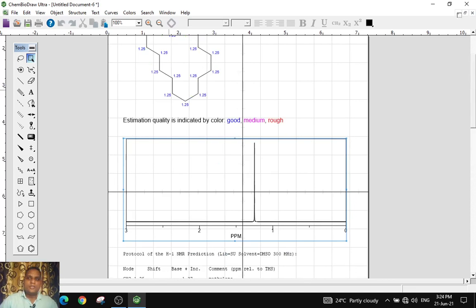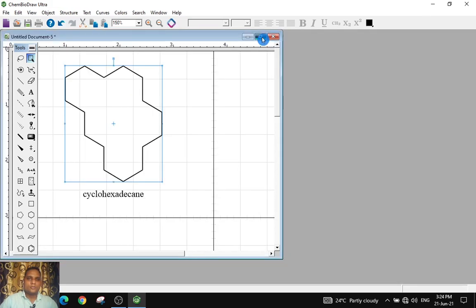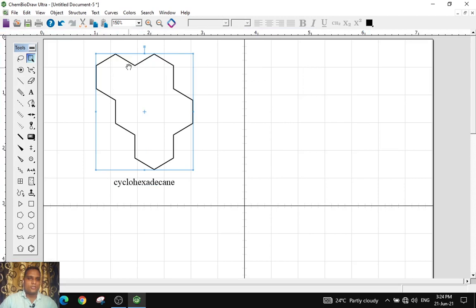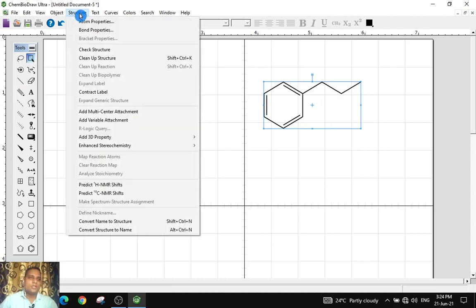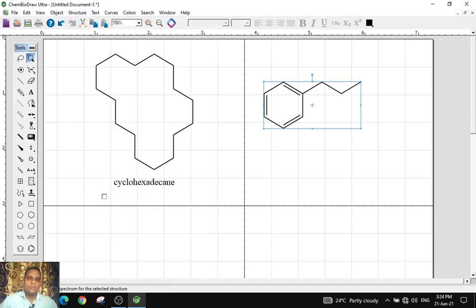Not only this one, if you want to see the C13 NMR for a structure, this was just the proton NMR. In the same way, if you want to see the C13 NMR of something like an aromatic compound which contains a long chain, suppose this is the structure, I want the C13 NMR. Just click on it and predict C13.